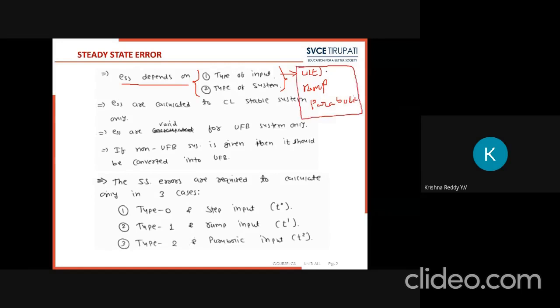When applying the unit step, ramp and parabolic inputs to different types of systems, we have type 0 system, type 1 system and type 2 system.